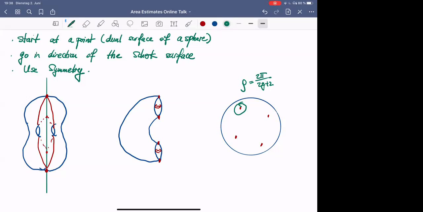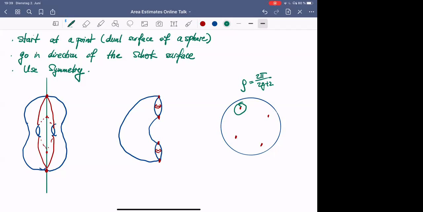So now the rho goes to zero limit needs to be considered, but the key point here is that we don't go to the cover. We have the same domain for every surface. And actually everything still makes sense if rho is not 2 pi over 2g plus 2, but for every real number. The only problem is for a general real number, you cannot go upstairs and get a closed surface, but it doesn't matter. You still have your handle, which you can construct. If you take the analytic continuation, you would close up, but that's an okay thing.